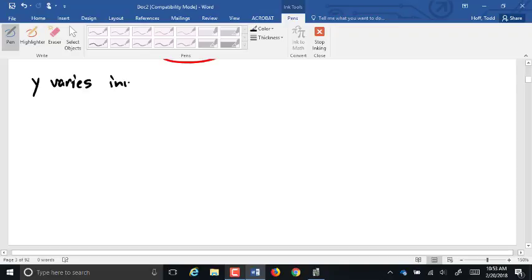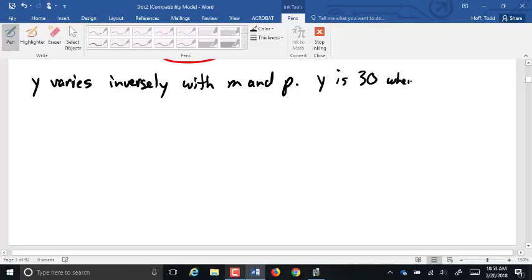Y varies inversely with M and P. Y is 30 when M is 2 and P is 4.